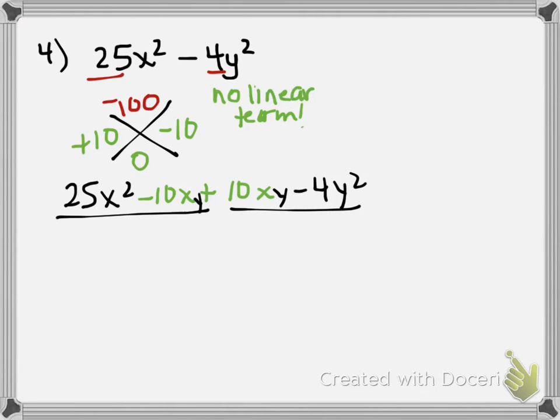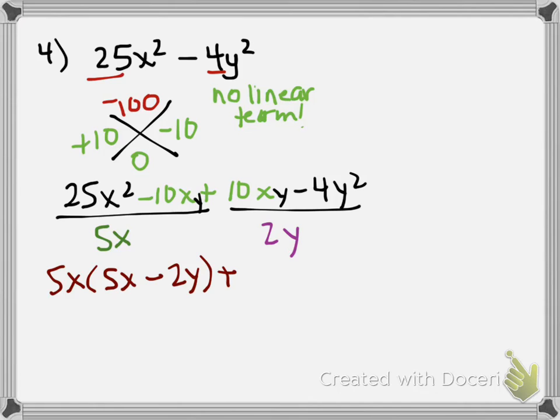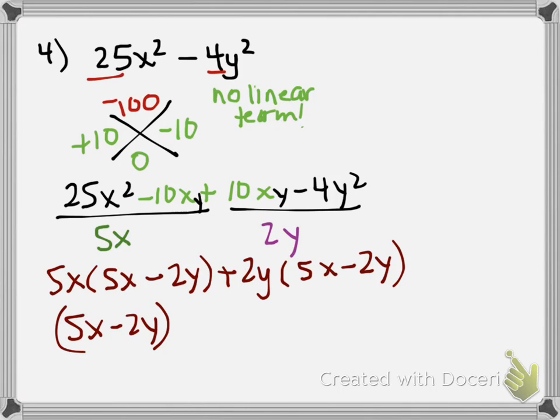The first two are going to have a 5x in common. The second two are going to have a 2y in common, and then we factor it out. So we get 5x times the quantity 5x minus 2y, and then we're going to get plus 2y times the quantity 5x minus 2y. So we get 5x minus 2y times 5x plus 2y.